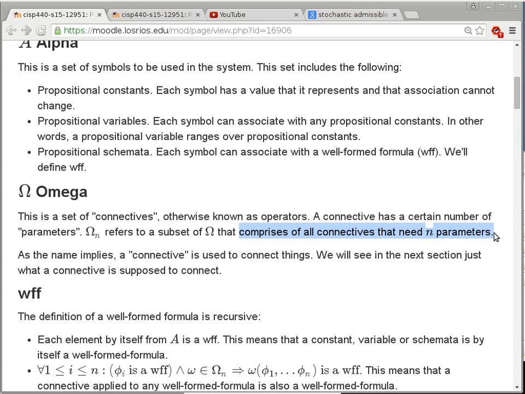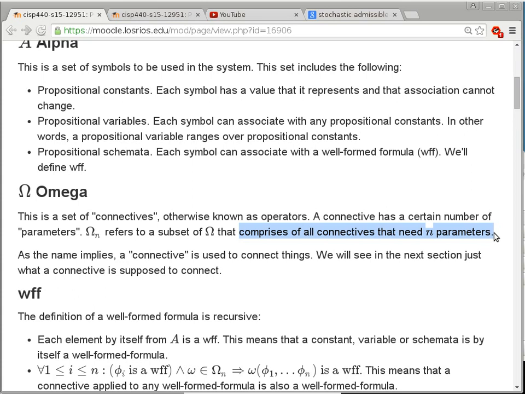Yes. So that means if Tash wants to define his own operator, he can do something like this. This is the symbol of my operator, and it will take 4 things. And I just have to define what the mapping of this operator is. In this case, because it takes 4 things, this operator as a connective is going to be an element of omega 4, because omega with a subscript 4 means it is a set of all connectives that require 4 parameters.